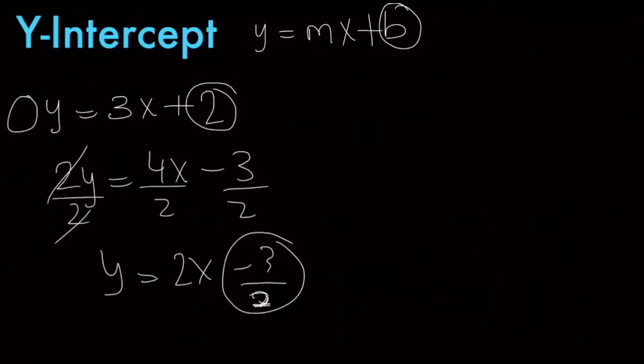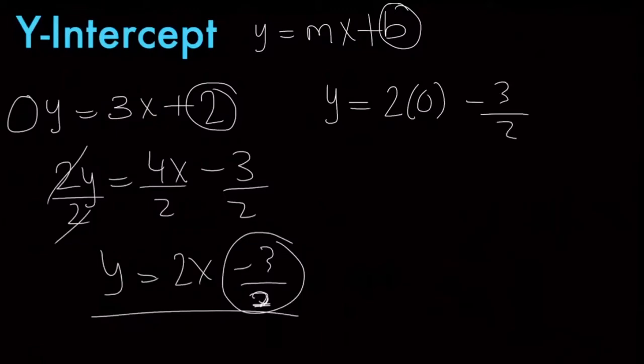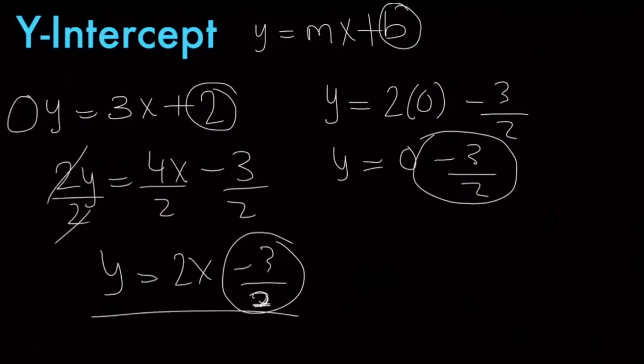What does this mean? What is the y-intercept? If x were equal to 0, so in this equation, y equals 2x minus 3 over 2, let's make x 0. This will simplify to 2 times 0 is 0, minus 3 over 2. So y would be equal to -3 over 2. This is shown in the graph, let's say.